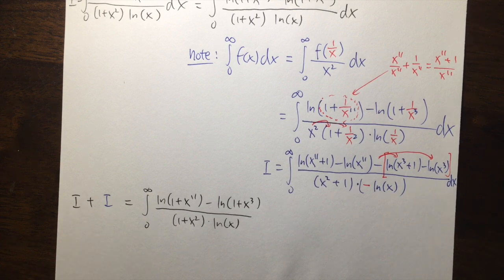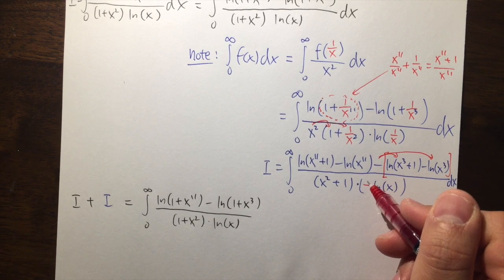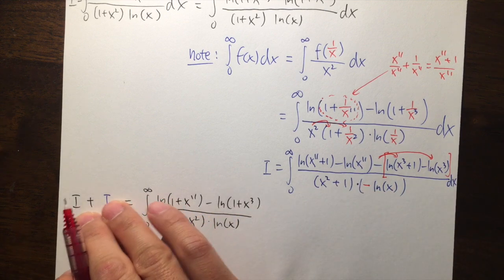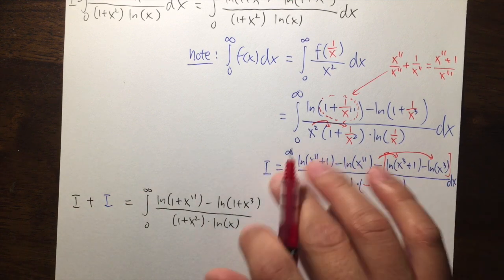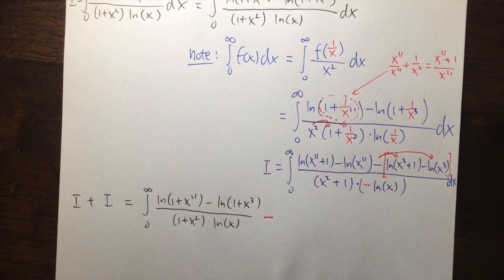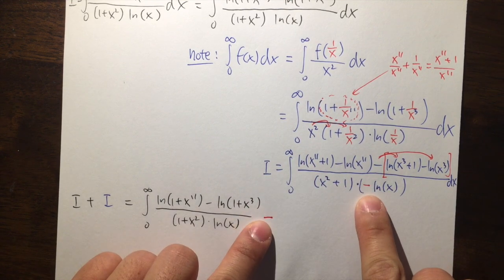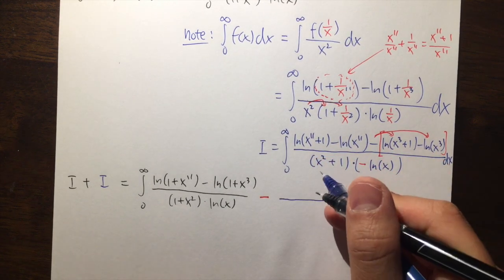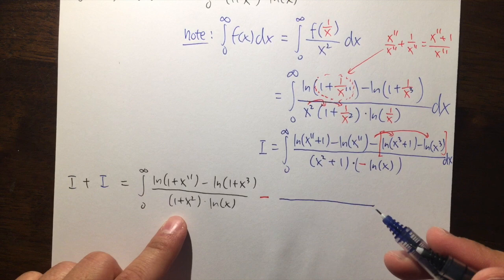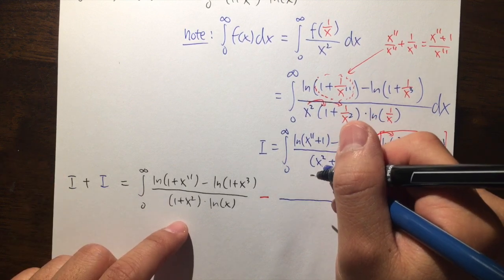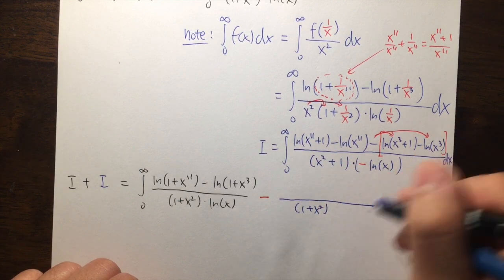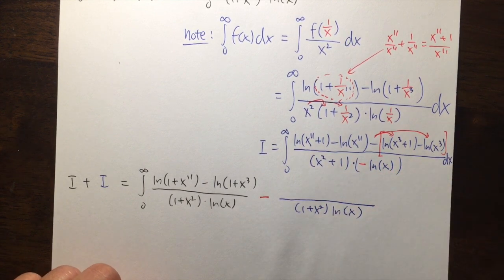And thanks to this negative, because this is a negative times ln x, when I add them, I'm adding a negative version, so this becomes a minus. The denominator is actually the same: x squared plus 1 is the same as that, so I will just write it as 1 plus x squared. And then this right here is ln of x.